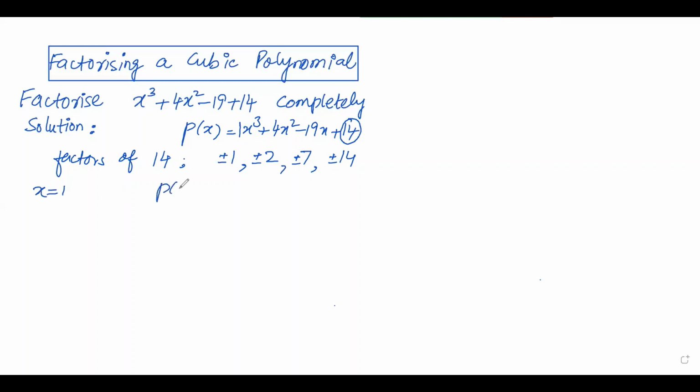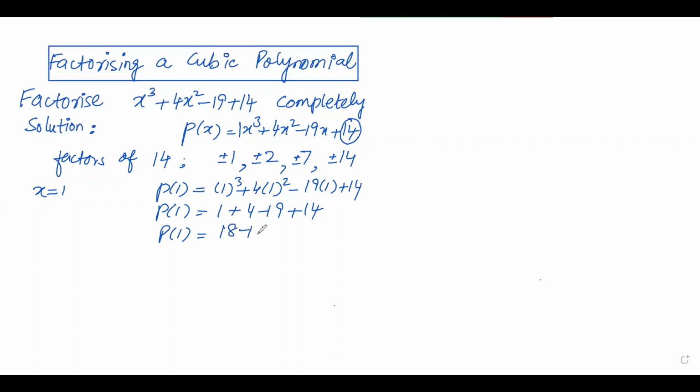So what is P(1)? P(1) is 1 cubed plus 4 into 1 squared minus 19 into 1 plus 14. So P(1) is coming as 1 plus 4 minus 19 plus 14. So P(1) is 18 minus 18. Yes, P(1) is equal to 0.